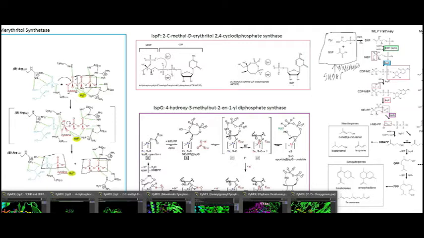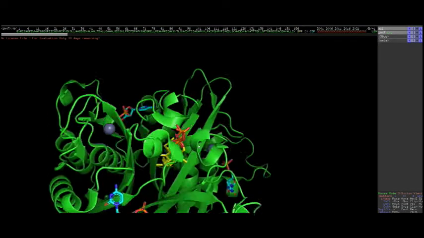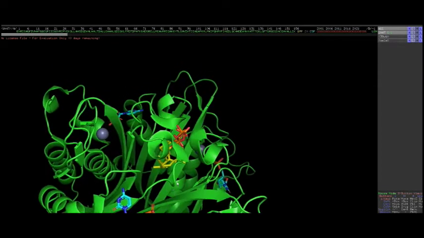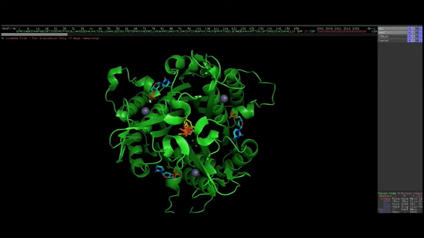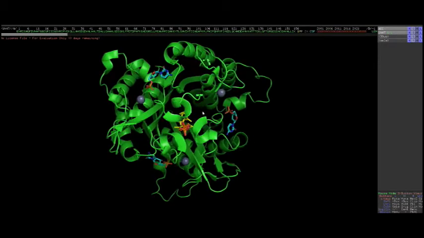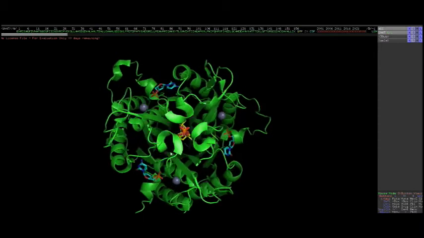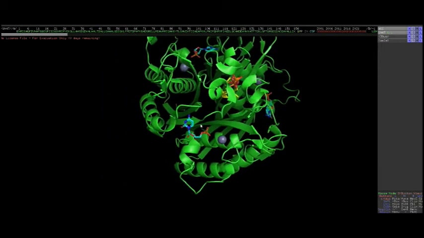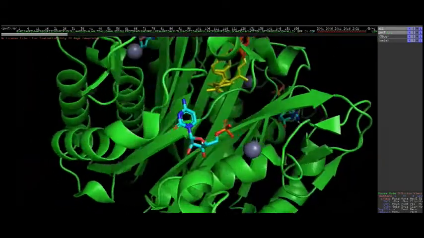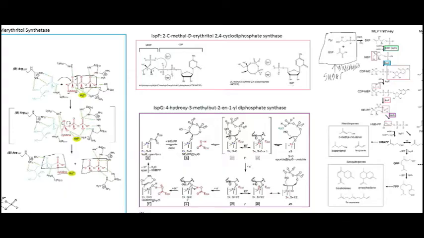And so we can see this is the IspF here, and that forms this trimeric. It's called a homotrimeric because each of them are all the same. And so what we actually see here is the CMP. We don't actually see in this structure the cyclized version of the MEP, and we don't see the reactant here.